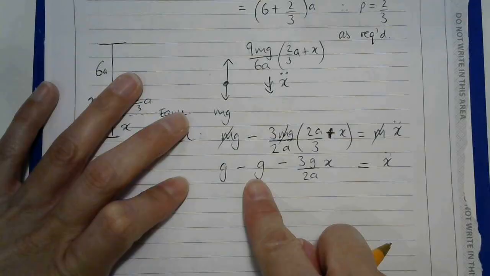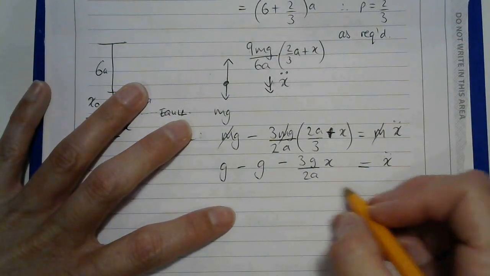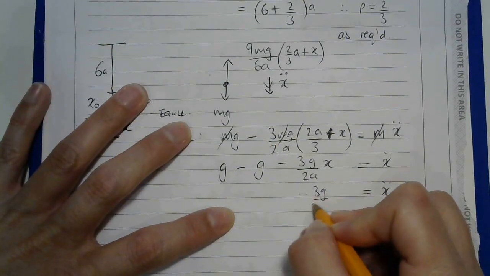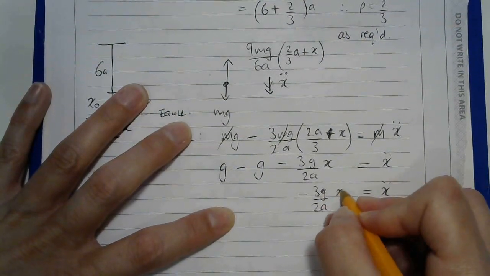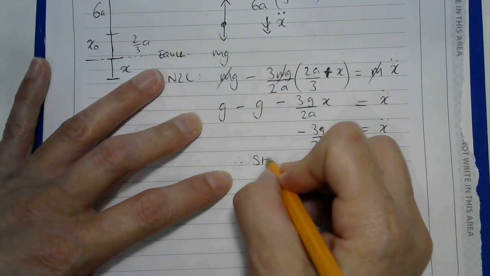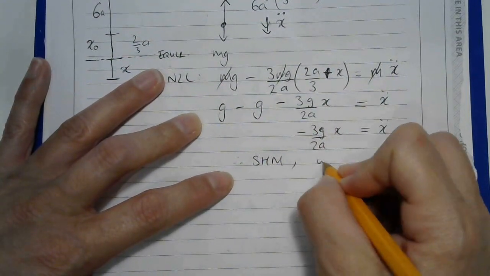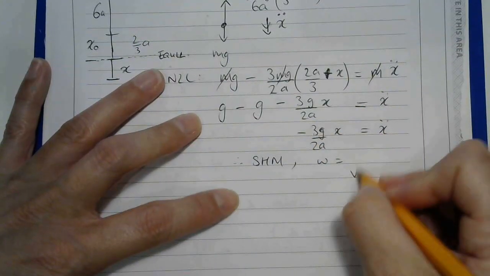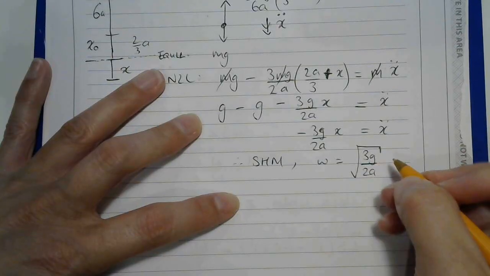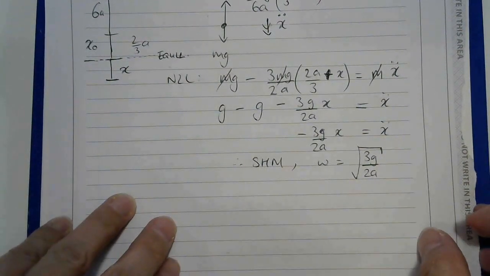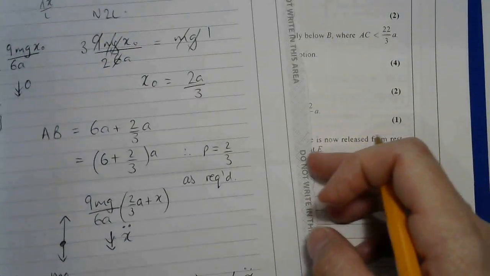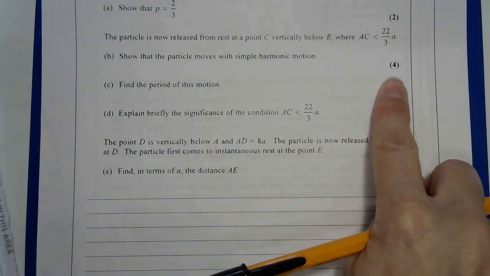These two bits cancel each other out, so I'm left with x double dot equals negative 3g over 2a x. And so I have proved that this is simple harmonic motion with omega being this thing square rooted. So that part of the question is worth 4 marks.